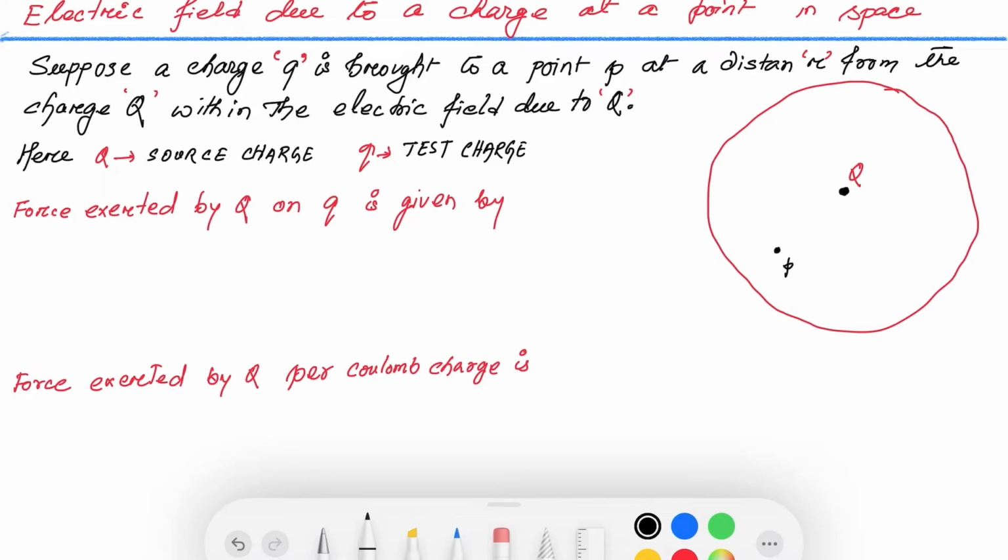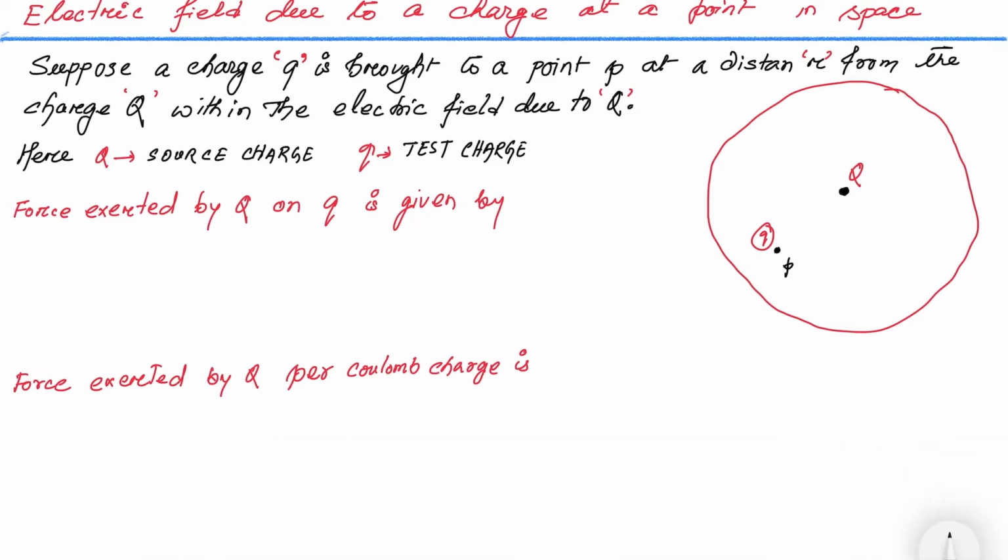In order to find that, let us suppose at this point P we have kept a small q charge. Then the force is exerted by this capital Q on this small q, and let us also suppose that the distance between these two is r.